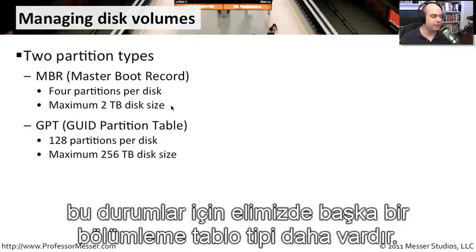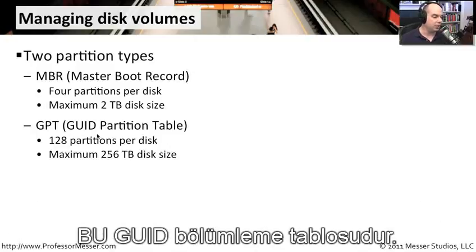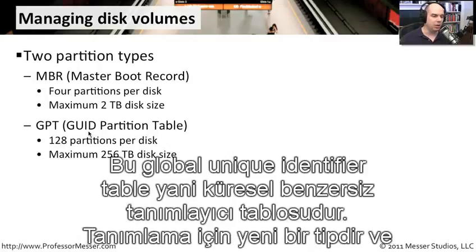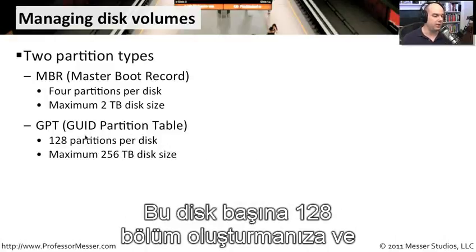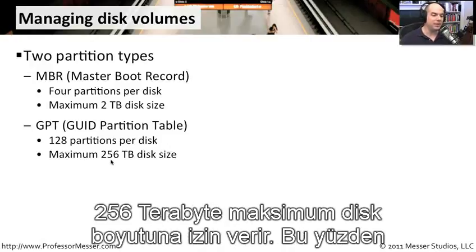So there is another partition table type, a GUID partition table. This is a global unique identifier table identification. It's a new type called a GPT for short. And that will allow up to 128 partitions per disk with a maximum of a 256 terabyte hard drive size.